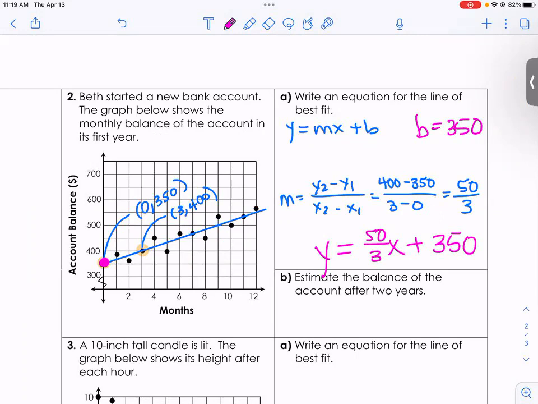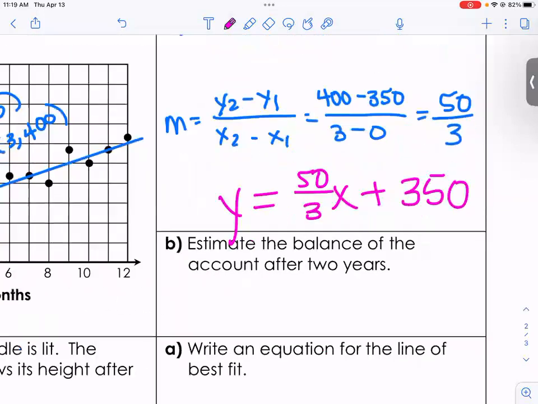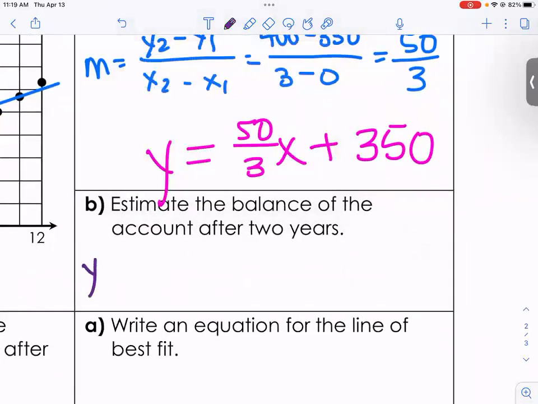Okay, if I want to estimate the balance after 2 years, how do I do that? X becomes 2. This is when you help me out with your calculators.